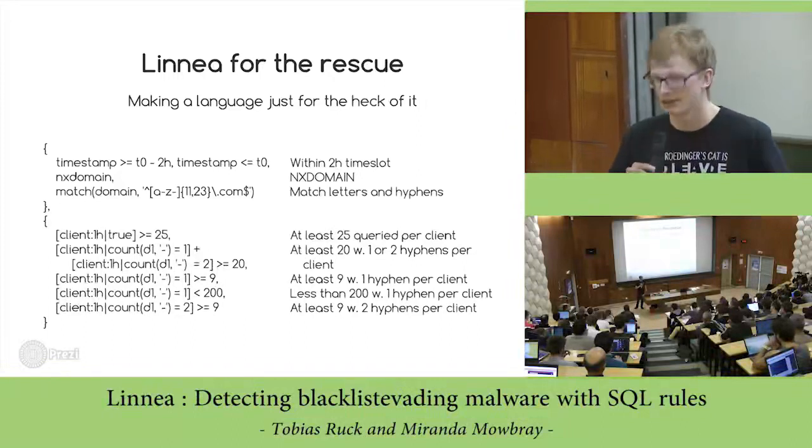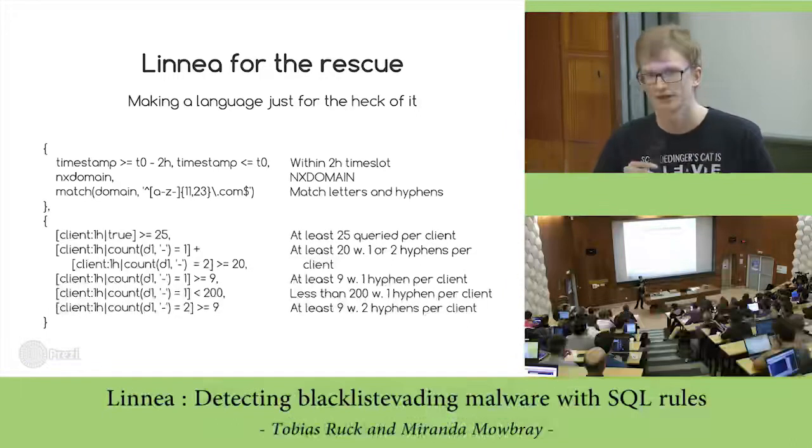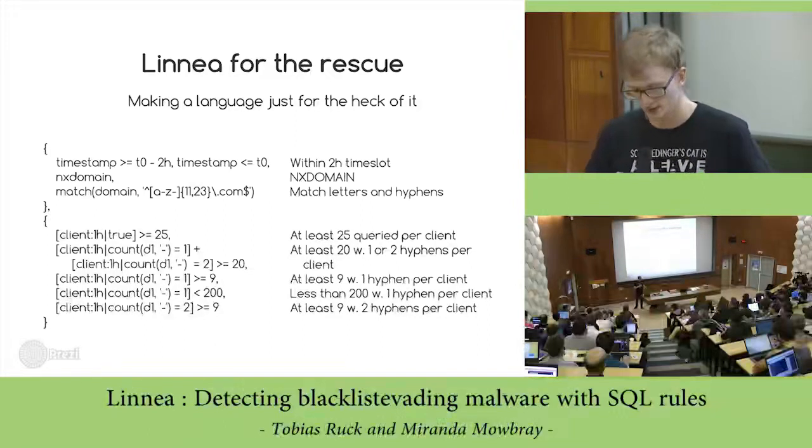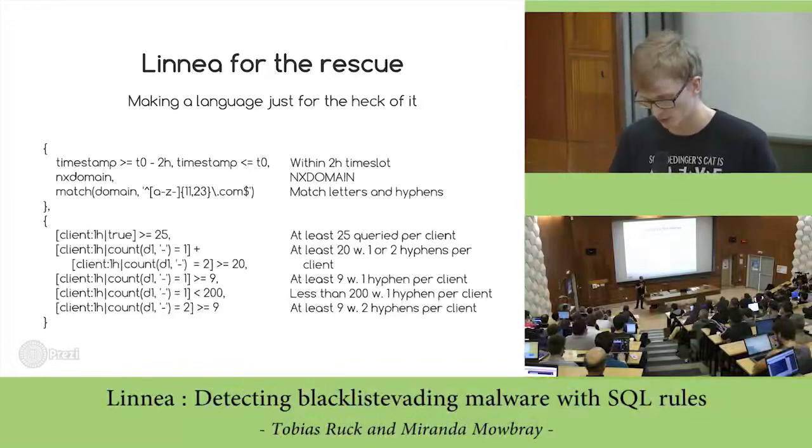In the next block, where the interesting part is, the syntax is very linear-specific, with the brackets. I'll explain that later. We check if there's at least 25 queries per client within 1 hour forward and preceding.